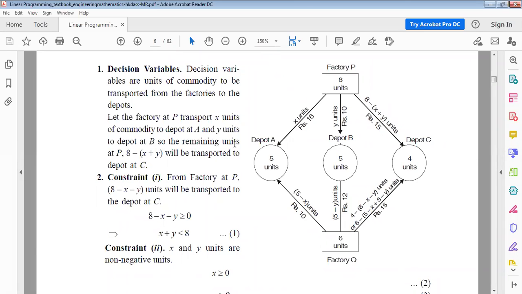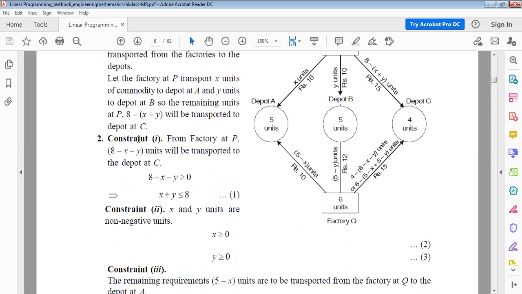So the remaining units will be how many? There are 8 units available. So X units going to A depot, and Y units going to B depot. So the remaining: 8 minus X minus Y. 8 minus X minus Y will go where? To the third depot, that means depot C.